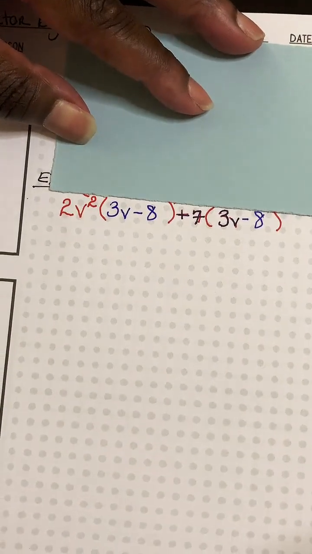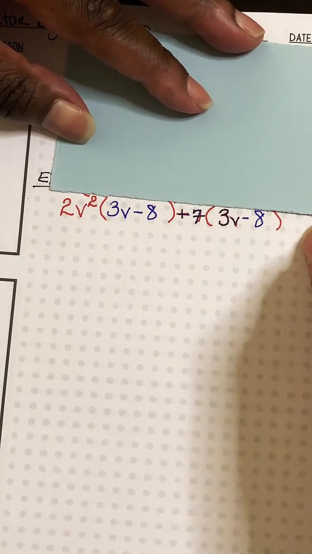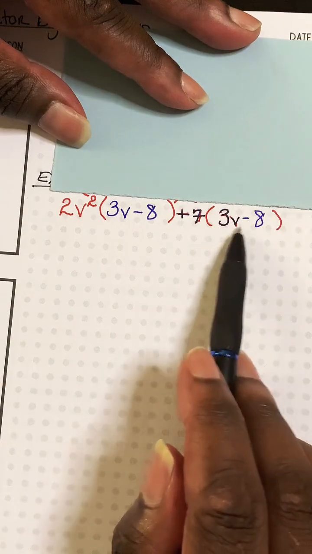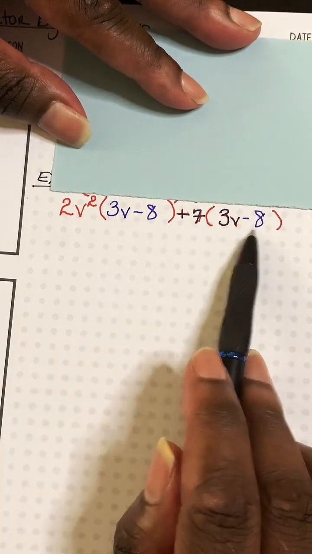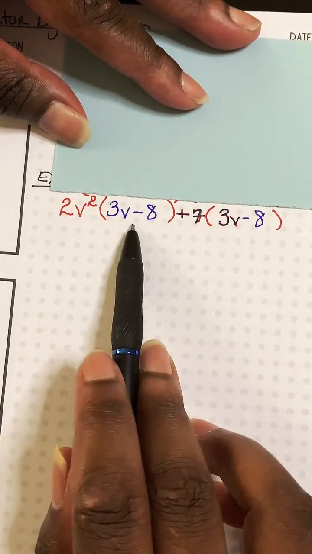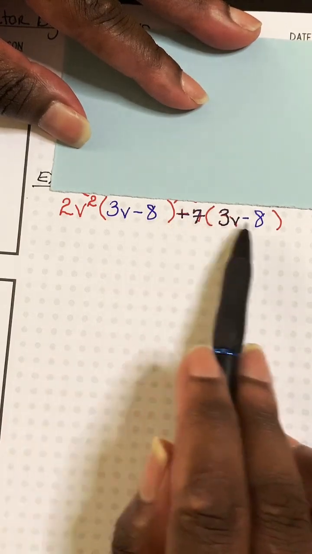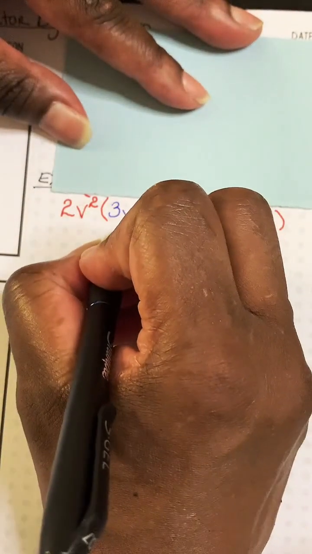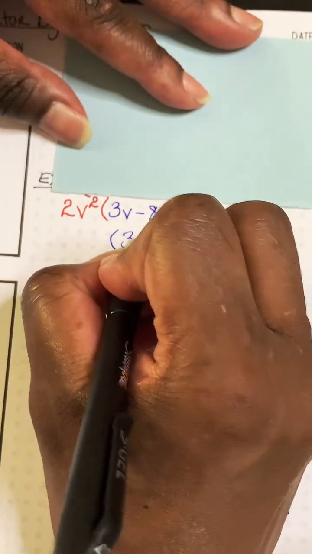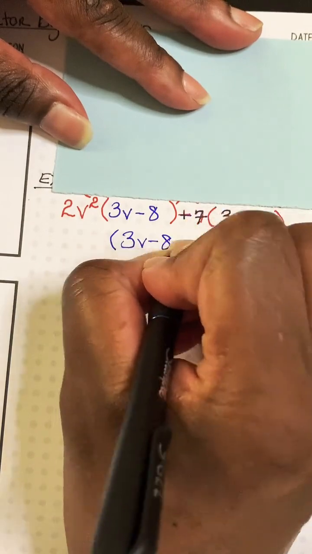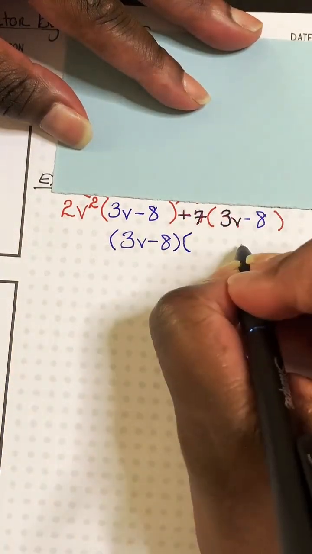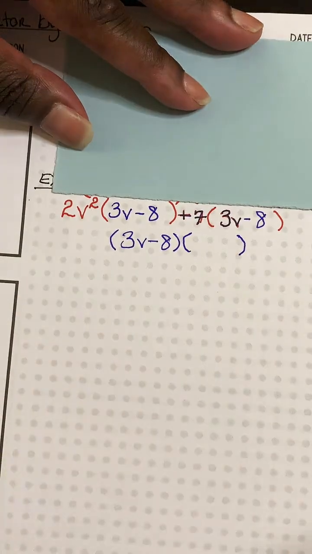What do you notice? Yes, so we can factor out the 3v minus 8 because they both have it. So it's like the GCF of this line. So if I'm going to put that 3v minus 8 in one parenthesis, what remains in the other parenthesis?